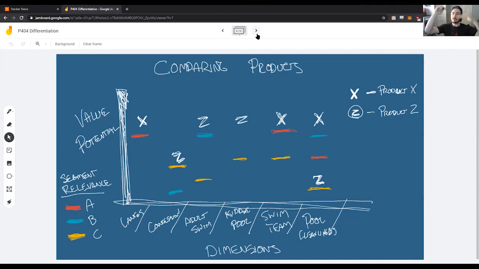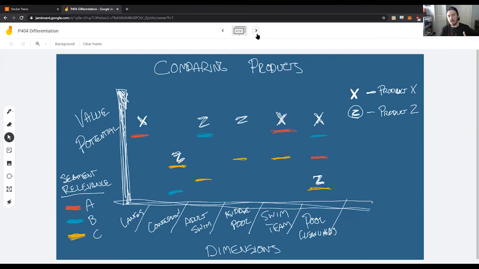So we've mapped product X is going to be that competitive swim type pool. Product Z is going to be that more family oriented type pool. It's got your standard stuff, right? And then we've created 3 different user segments or customer segments for this market, and where they stand is it needs to be at least this good for me to consider this as a solution.